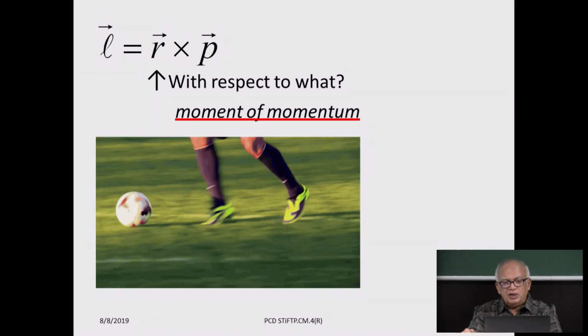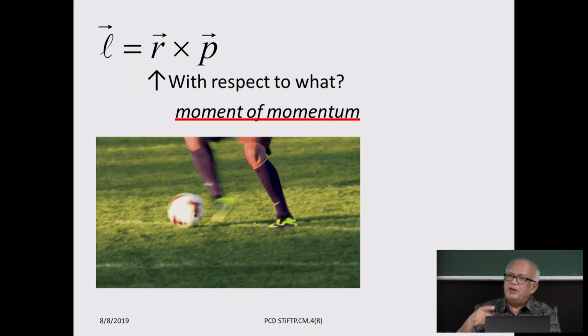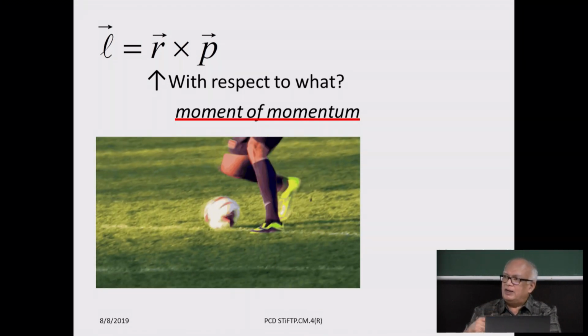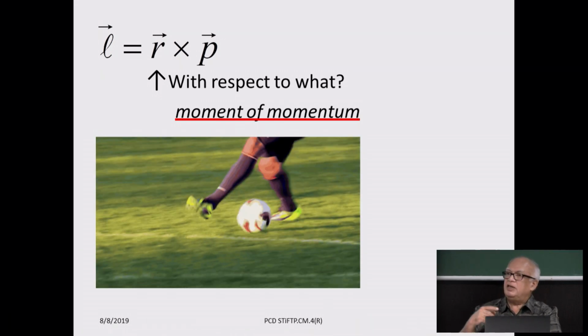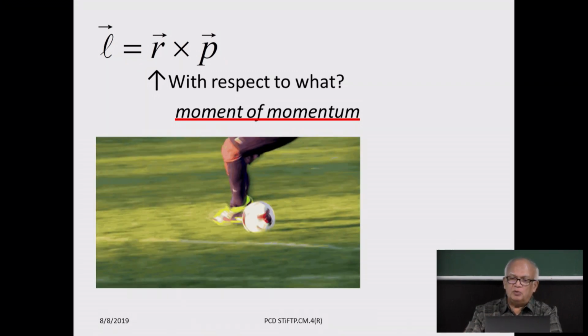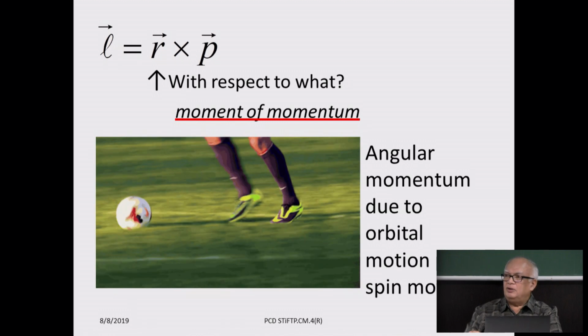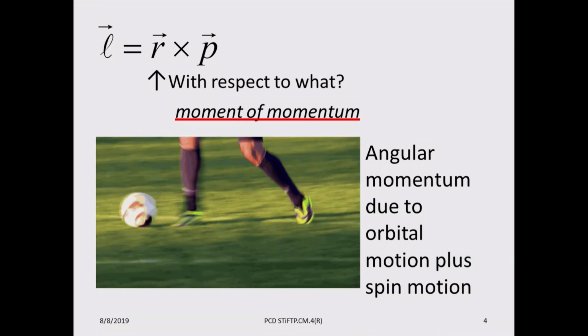And in addition to this motion, you see that the ball is also spinning about an axis through itself. So there is an additional rotation, which is a spin rotation about this axis. And you can talk about the orbital angular momentum and also the spin angular momentum.